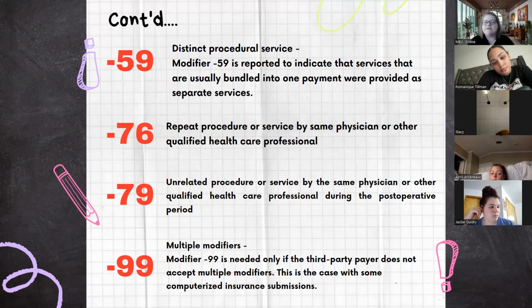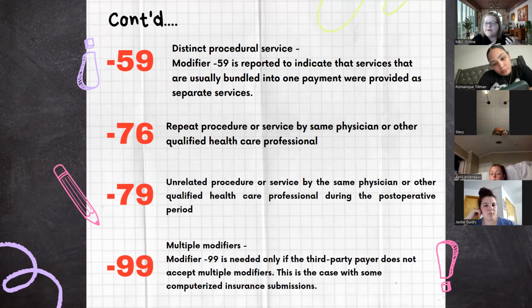Just an example of how this can be used. I go to the dermatologist once a year because I have little small skin cancers that will pop up on my face or arms or shoulders. If they have to take these off of me separately, they may use modifier 59.